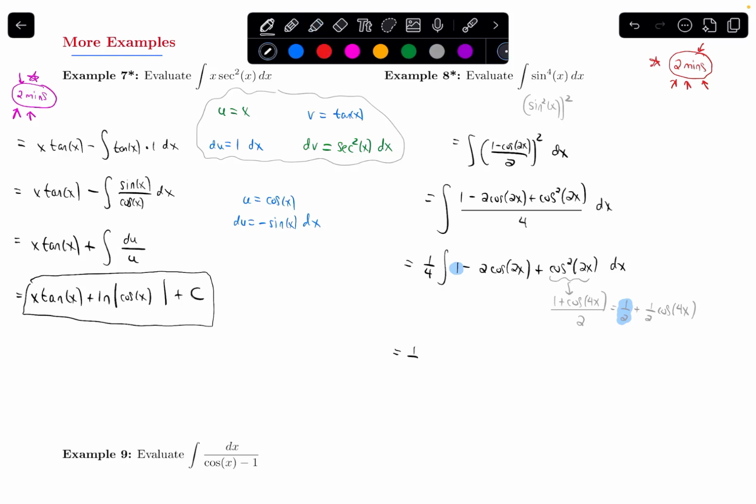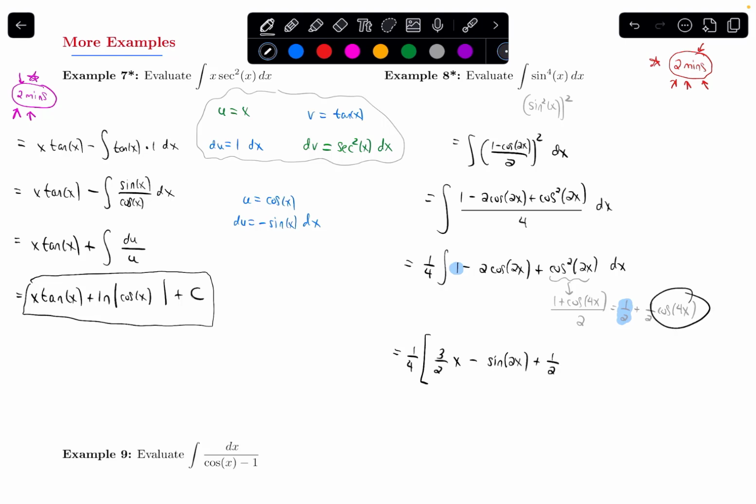Okay, and now I'm ready to do this antiderivative. I got that 1/4 in front. I'm going to put a big old bracket. The 1 added to 1/2 is 3/2. So that antiderivative is 3/2 times x. Then for my antiderivative of this 2 cosine of 2x, that'll be minus sine of 2x. I'd encourage you to just double check that by doing its derivative and making sure you get this. And then finally, there's this last term here. For that antiderivative, you got that plus 1/2 in front.